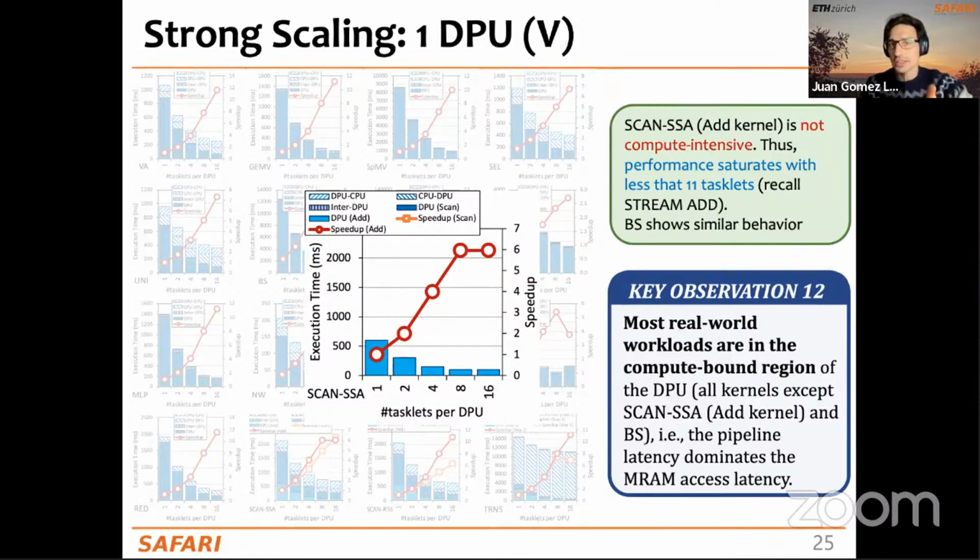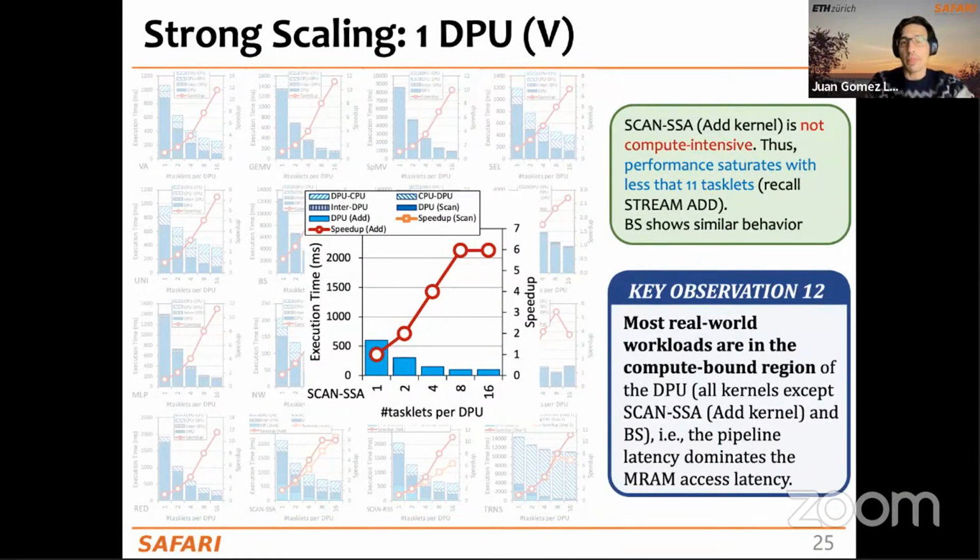It's just a single addition. And because it's not compute intensive, we are in the memory bound area. As you may remember, when we discussed the micro benchmarking, we are in the memory bound area of the roofline analysis of the arithmetic throughput with respect to the operational intensity. So the operational intensity is quite low.